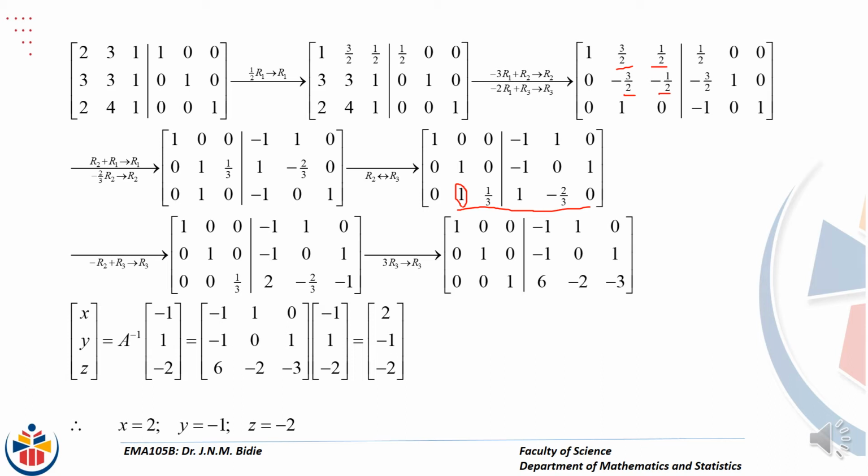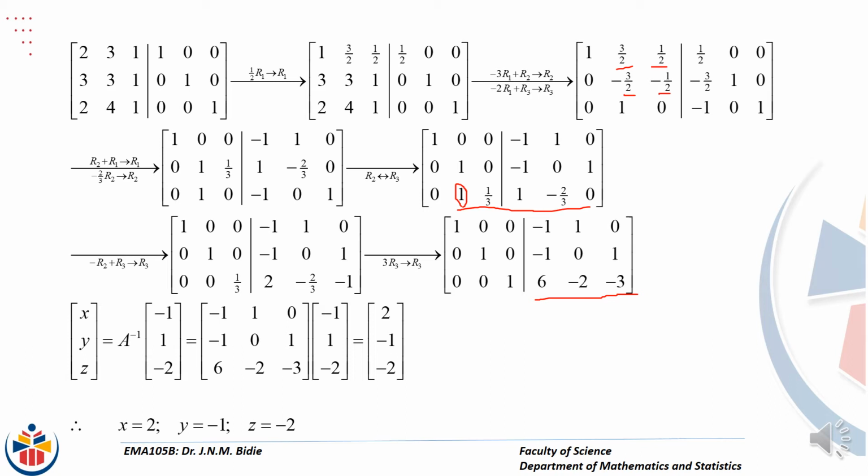So our inverse of A is the augmented matrix with -1, 1, 0 in the first row, -1, 0, 1 in the second row, and 6, -2, -3. And then to solve the system, remember we're supposed to solve for x, y, and z.